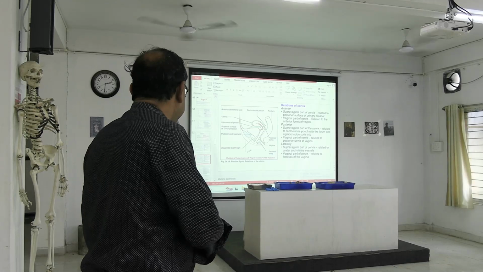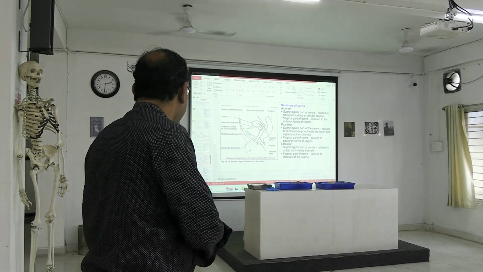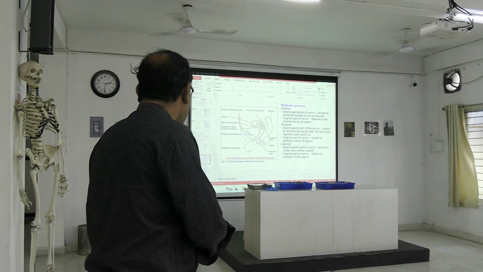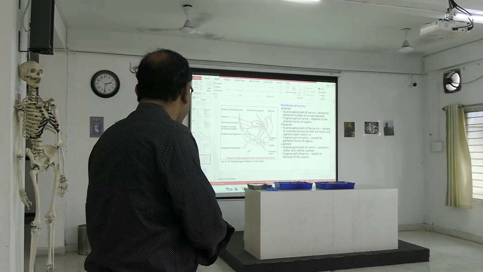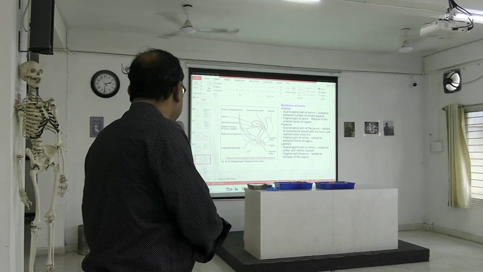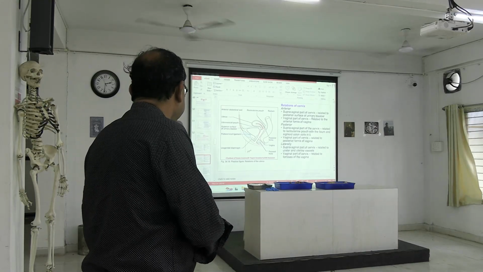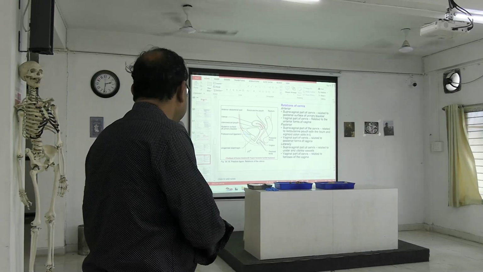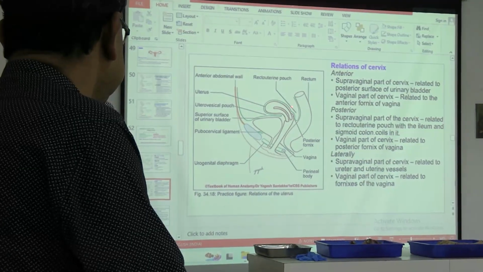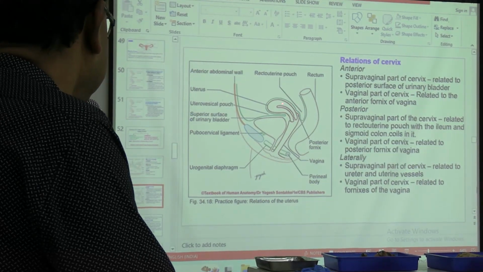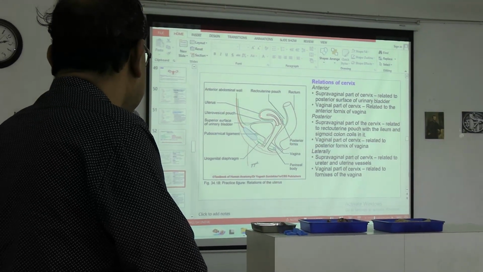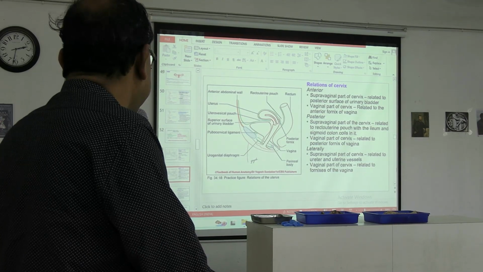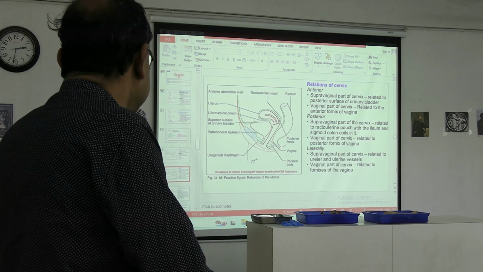This peritoneum is reflected from the upper 2/3 and lower 1/3 of the rectum, and then it covers a part of the vaginal canal, the posterior surface of the vaginal canal, and then it is reflected over the uterus, and it comes in front and covers, and ultimately it is reflected from the isthmus.